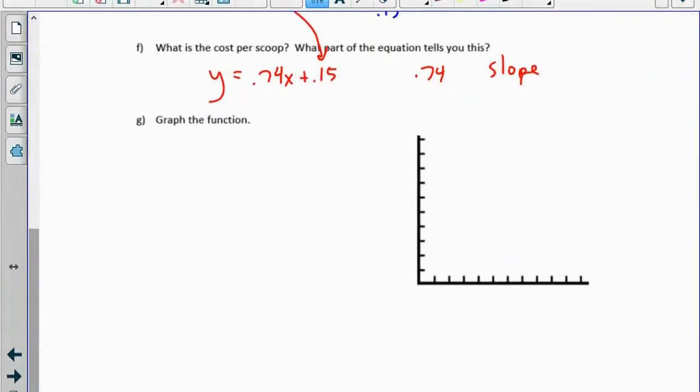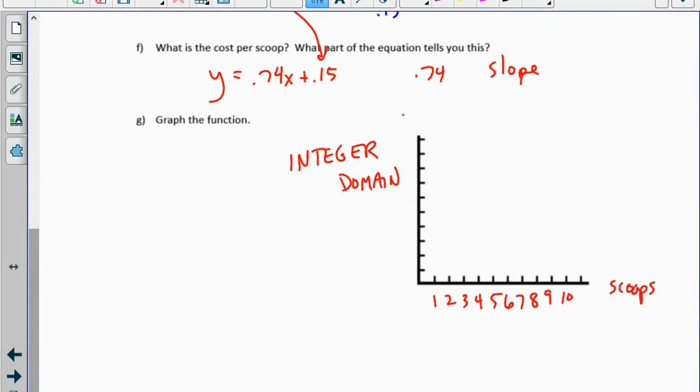And when I graph the function, remember that I only have integers in my domain. So since I only have an integer domain, what I'm going to do is I'm going to label things properly. These are scoops, and this is cost in dollars. And I'm going to make this really simple.